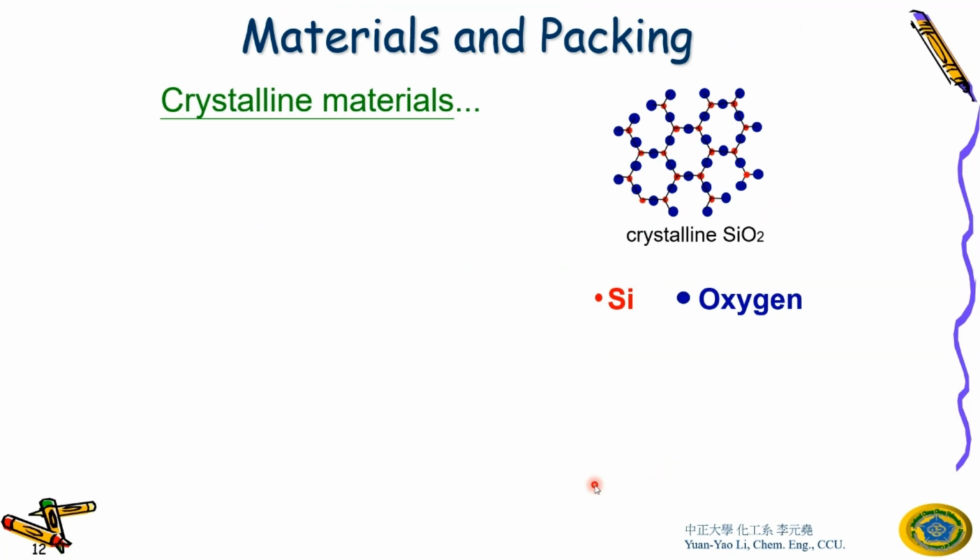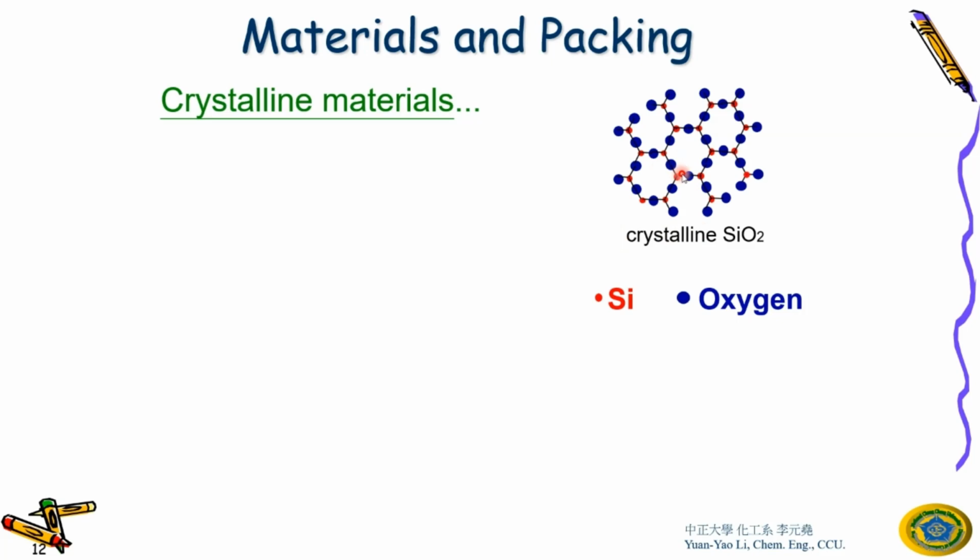Okay, so now that we understand crystal structures, let's take a look at one example of a crystal structure and a non-crystal structure. This is crystalline SiO2. Crystalline SiO2 is what? It's quartz, right? One example of crystalline SiO2 is quartz. So you have a unit cell, and the unit cell repeats in 3 directions.